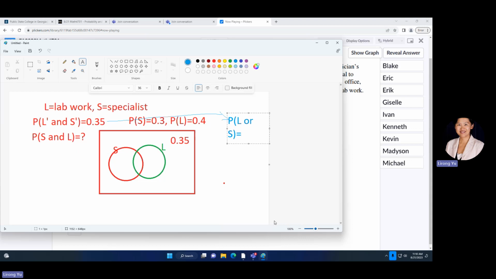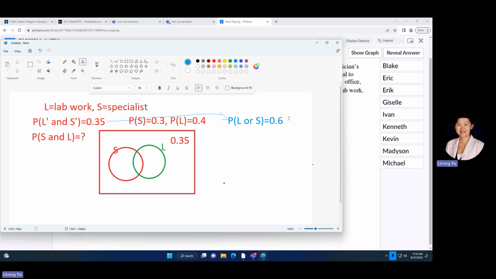That will be 0.65. So figuring out logically how to convert one piece of information to another will be helpful. So this is 0.65, not 0.35: 1 minus 0.35 is 0.65.